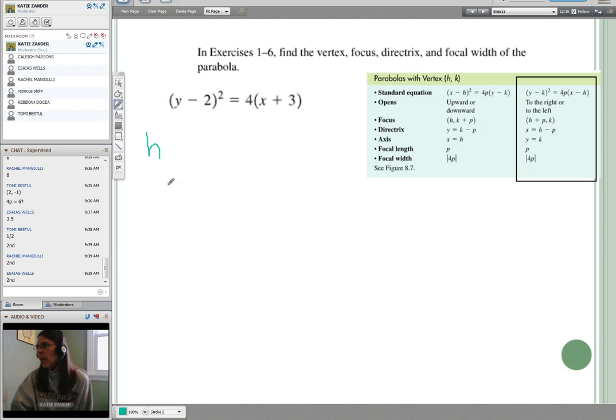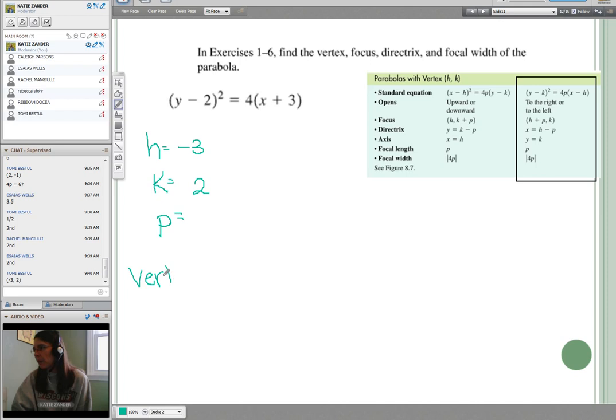So let's start with H and K. What's our value for H and what's our value for K? H is -3 and K is +2.